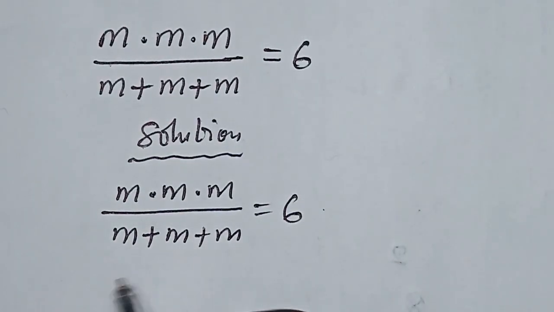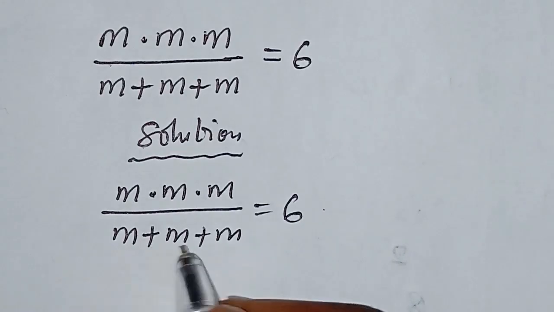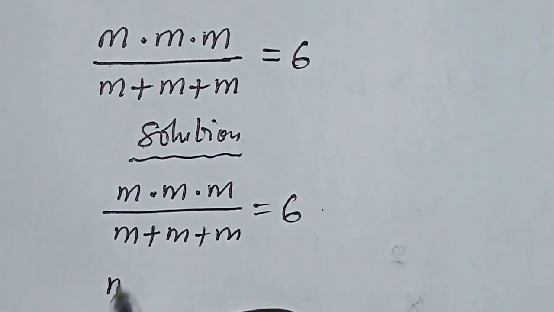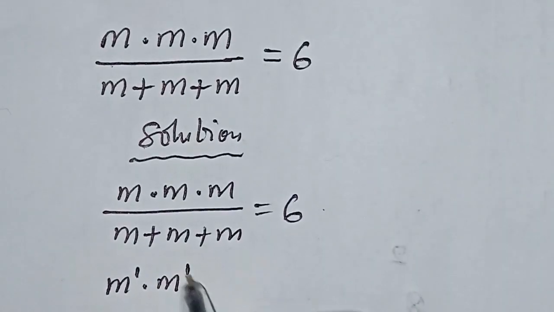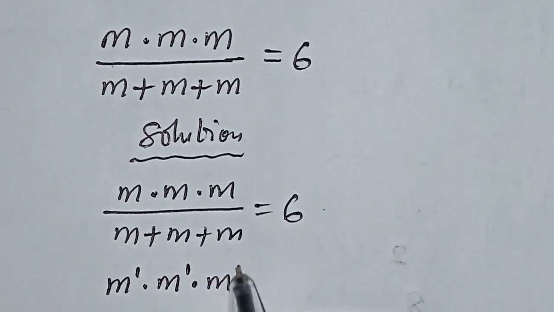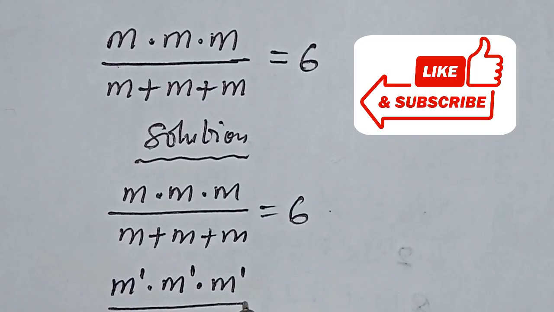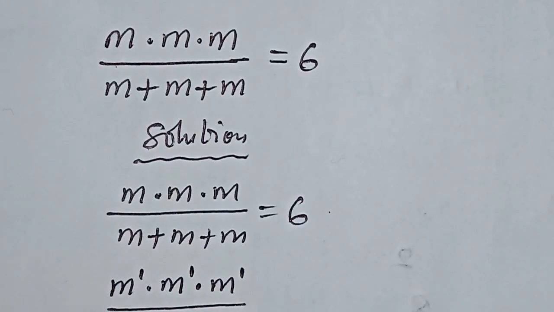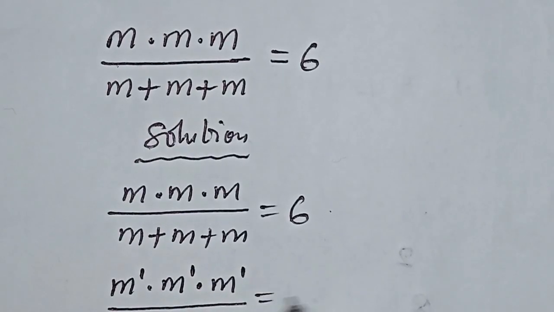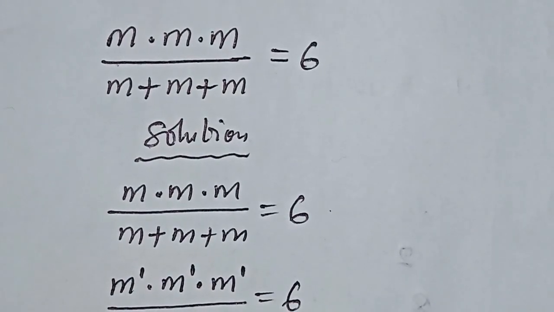So here, what we need to do first is to consider the numerator as m to the power of 1 multiplied by m to the power of 1 multiplied by m to the power of 1 all over m plus m plus m equal to 6.